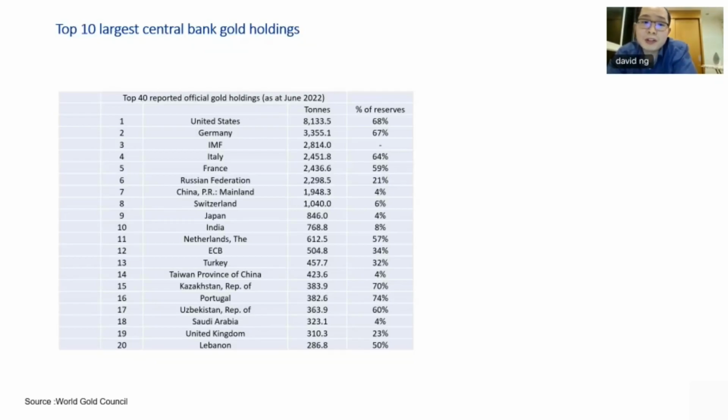But what is important is that, surprisingly, if you look at China, 10 years ago when I looked back at this table, China was hardly in the top 10 or top 20. Over the decade, China has been rapidly upping their gold reserves. There are a lot of reasons for it, but do watch out. China purchasing so much gold, there must be a reason for it.